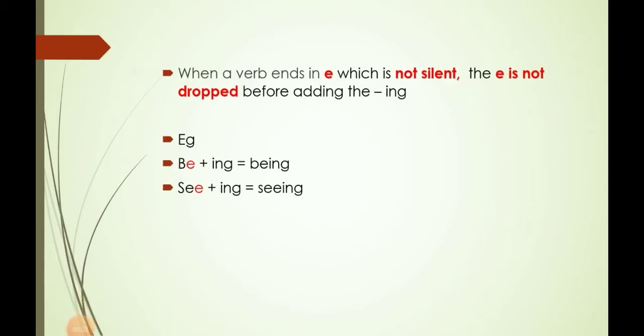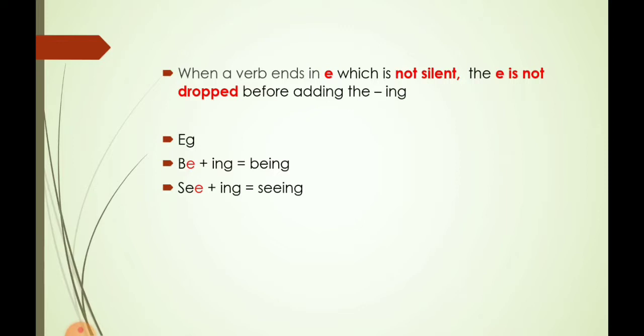Let's see an opposite case. When a verb ends in e, which is not silent, the e is not dropped before adding the ing. So when a verb ends in e, that is pronounced, that is not silent, we won't drop the letter e, but we will simply add ing to the word.